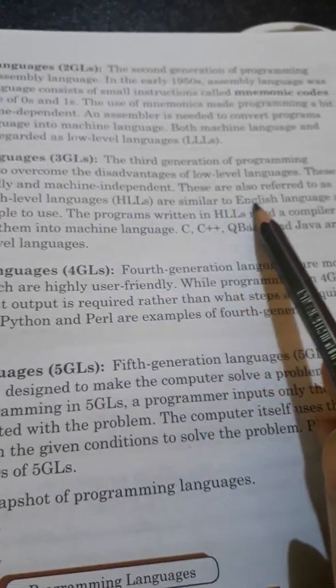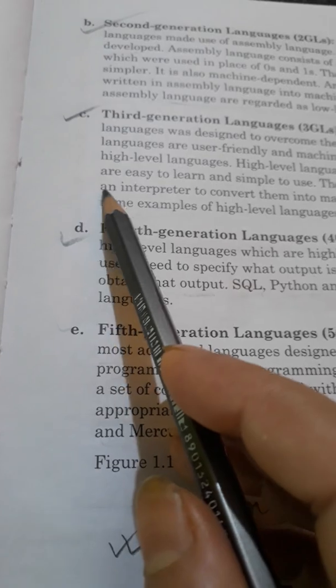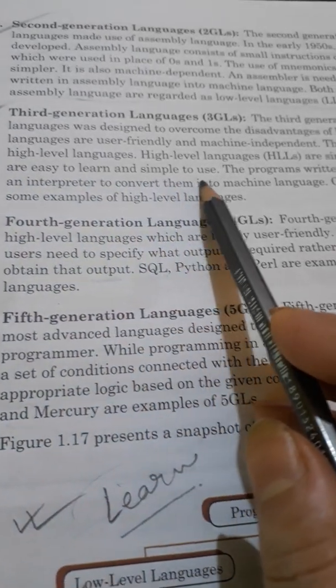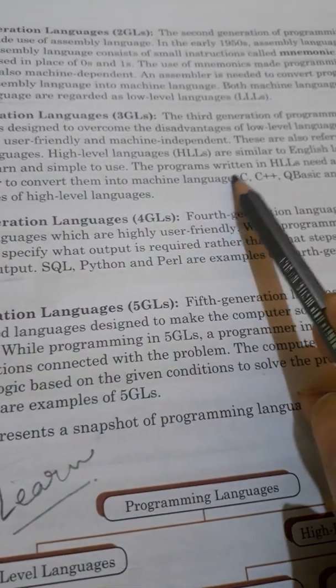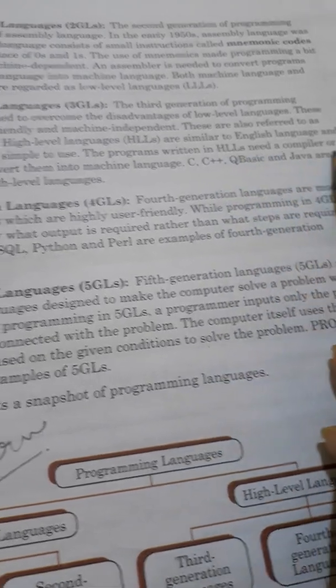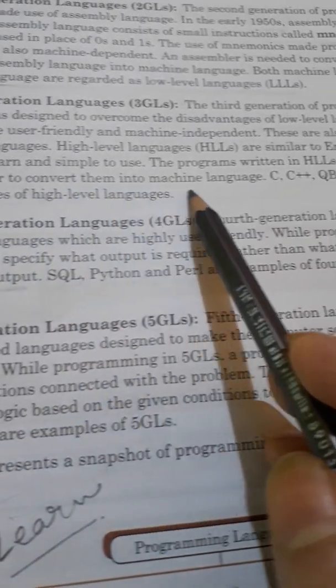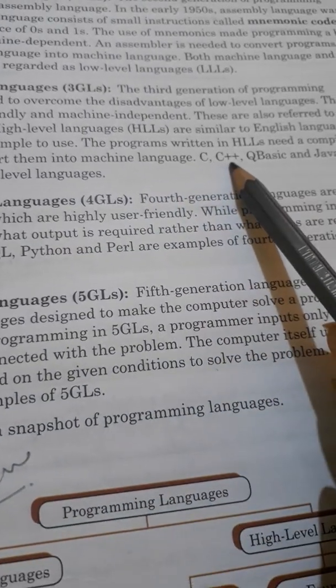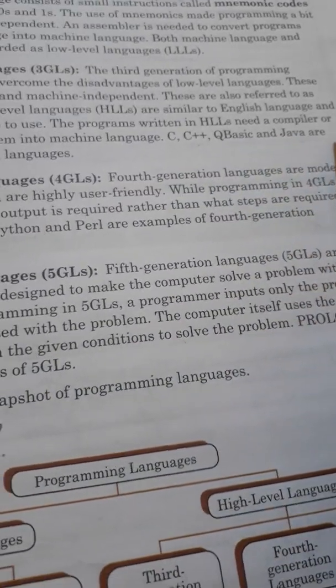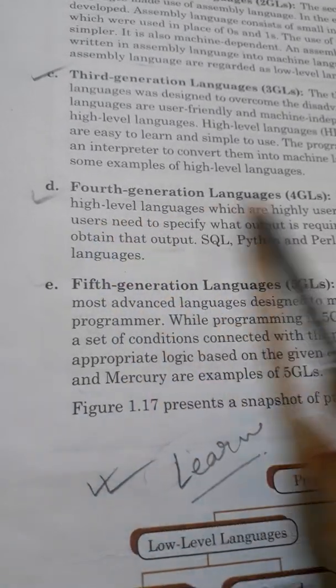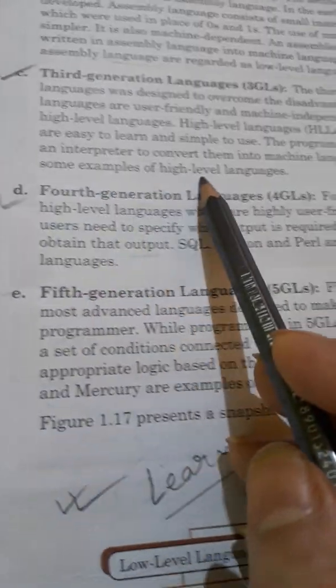HLLs are similar to the English language and are easy to learn and simple to use. The programs written in HLL need a compiler or interpreter to convert them into machine language. C or C++ programming, QBasic and Java are some examples of high level languages.